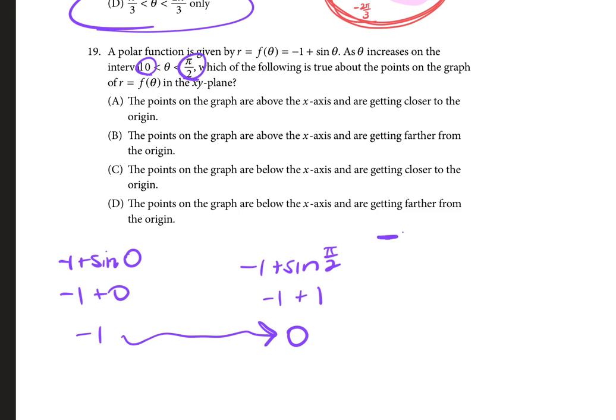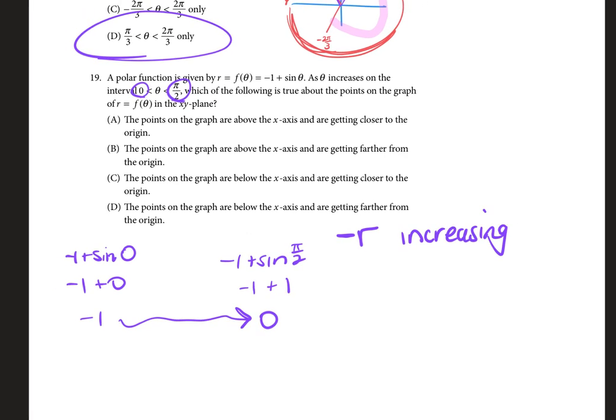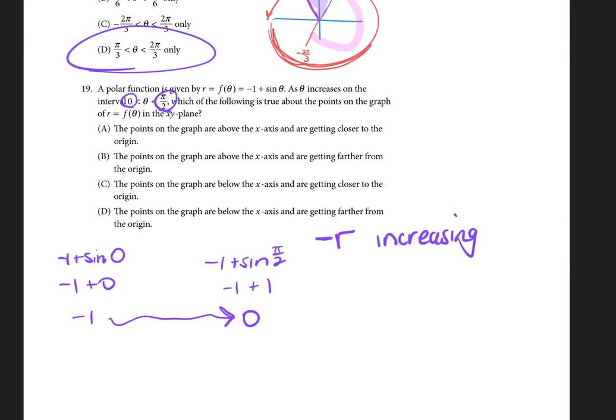They're negative, so my r's are negative. Are they getting bigger or smaller? They're getting bigger. They're increasing. So if it's negative but they're getting bigger, am I getting closer to the pole or further from the pole? The distance is decreasing, which would mean closer. So now I can eliminate these two because I need it to be closer to the origin.